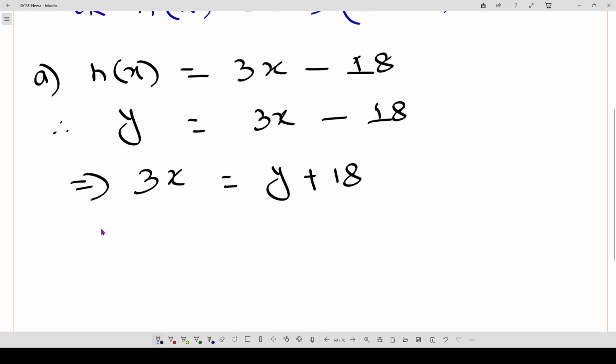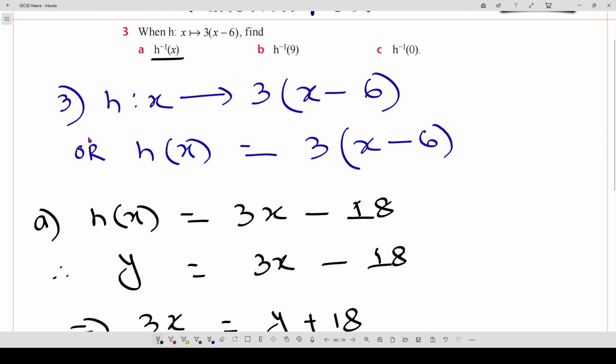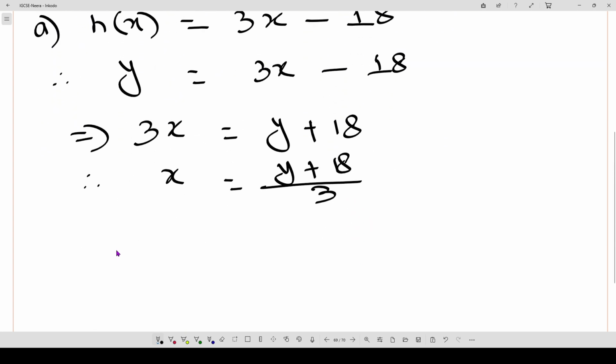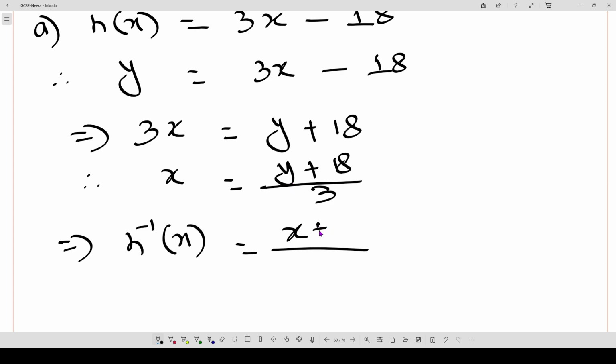So x equals y plus 18 by 3. Inverse h of x equals, with y becoming x, x plus 18 by 3.